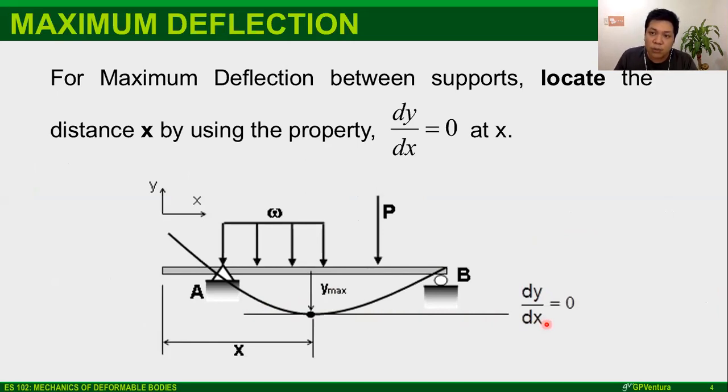Therefore, our task is to locate at which point in the entire length of the beam does dy over dx become equal to 0. Once we can locate the distance x where dy over dx is equal to 0, we can simply substitute the values and solve for the maximum deflection. Any questions?